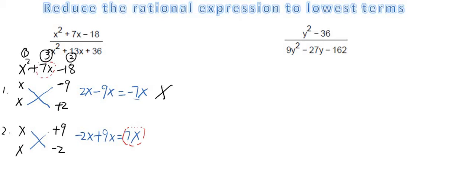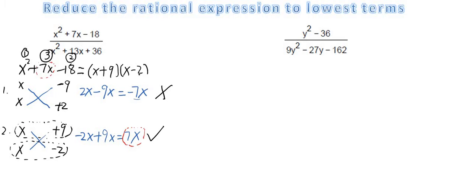That means this factoring is successful. So we can write x squared plus 7x minus 18 as x plus 9 times x minus 2.